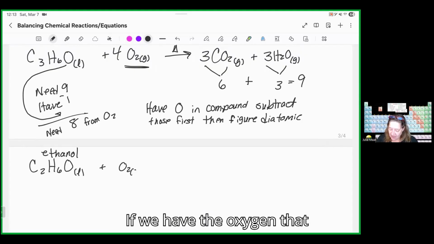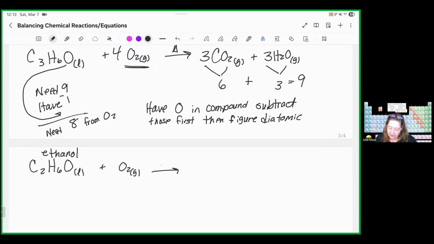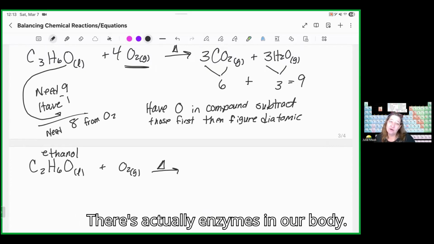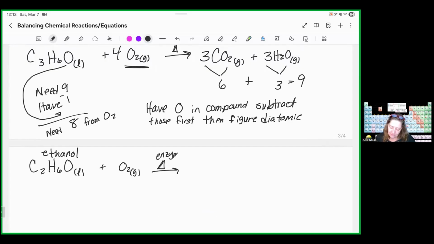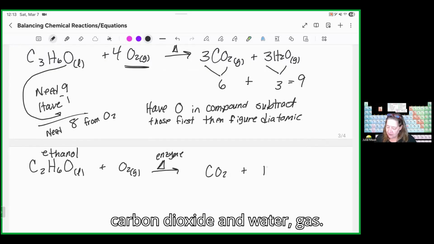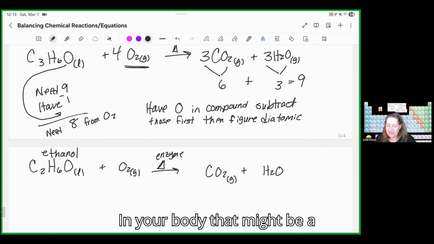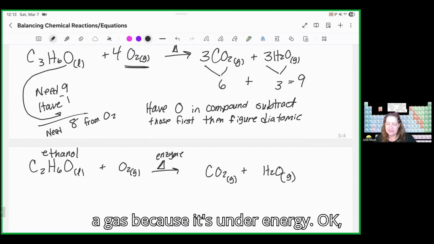If we have the oxygen that we're breathing into our body as we respirate, there's some heat going on in our body. There's actually enzymes in our body. This is an enzyme as opposed to fire. Okay. And we're going to get carbon dioxide and water gas. In your body, that might be a liquid, but we're going to call it a gas.